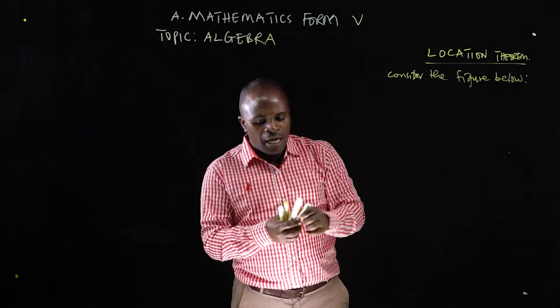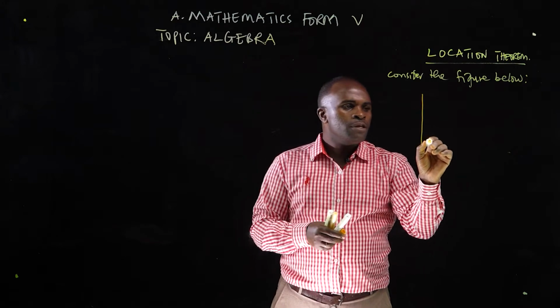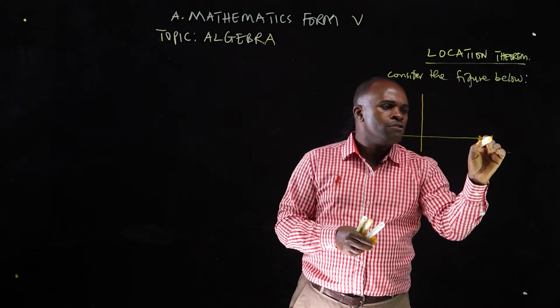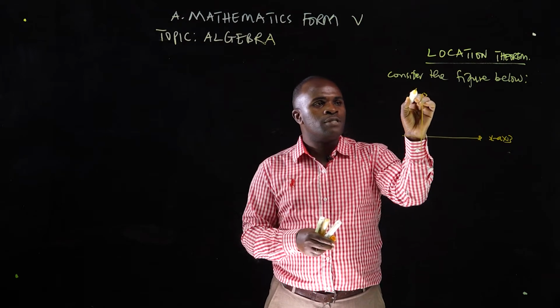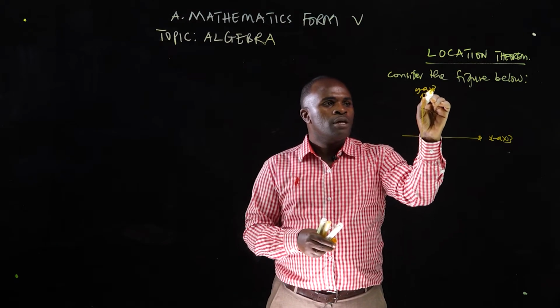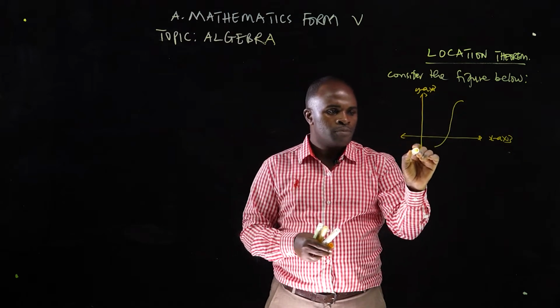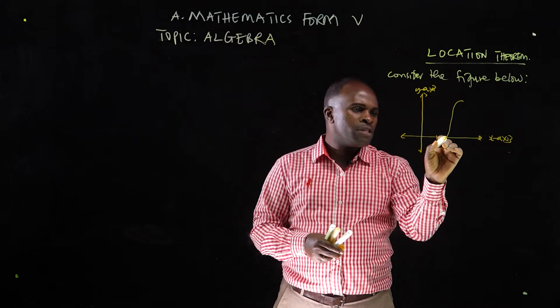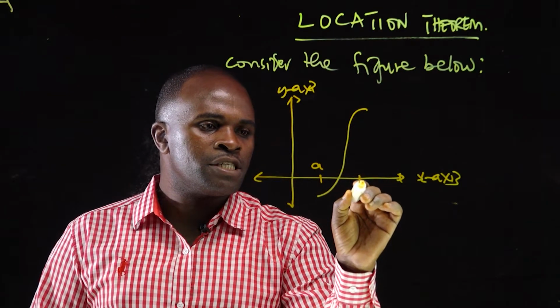Suppose you have a figure like this, with our x-axis and here the y-axis. Imagine you have a certain function. There is a number here before the function cuts, call it a, and there is a number here after the function cuts, call it b.